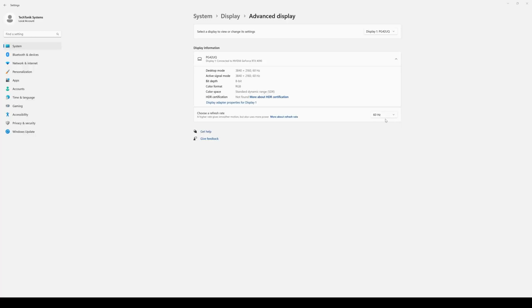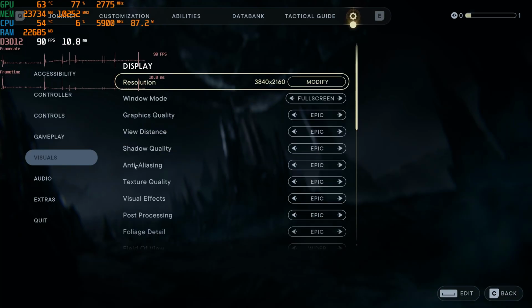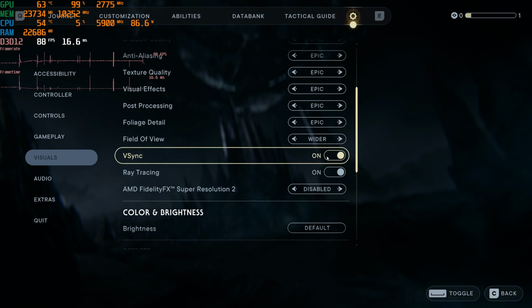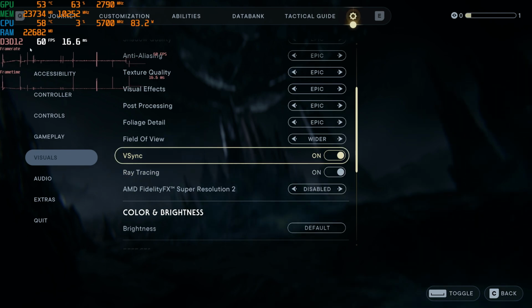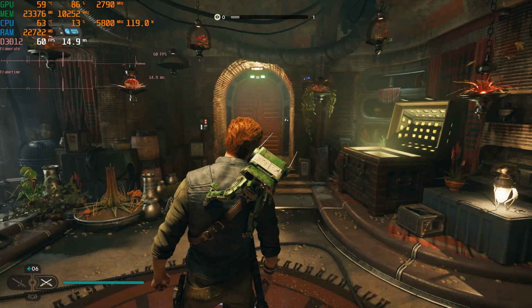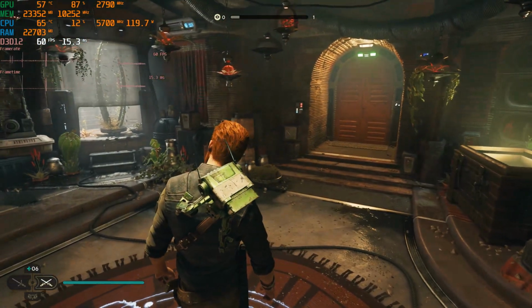On a side note, if you're using any of the frame rate syncing technologies like G-Sync, that means that your frame rate is going to be capped at the hertz setting of your monitor. So if you have your monitor set to 30 hertz or 60 hertz, that means your game is only going to run at 30 or 60 frames per second. So by increasing the refresh rate of your system, your games are going to run much faster as long as you have the raw power behind it to do so.